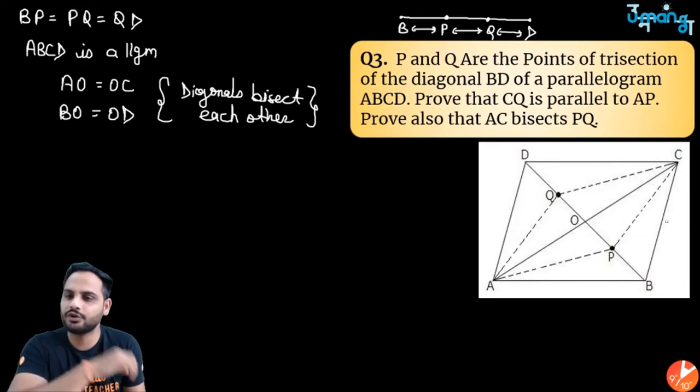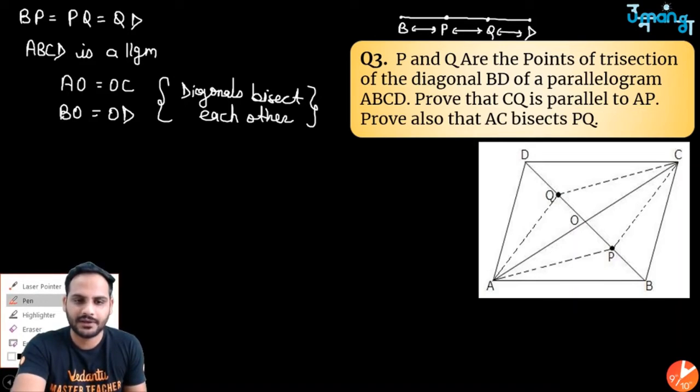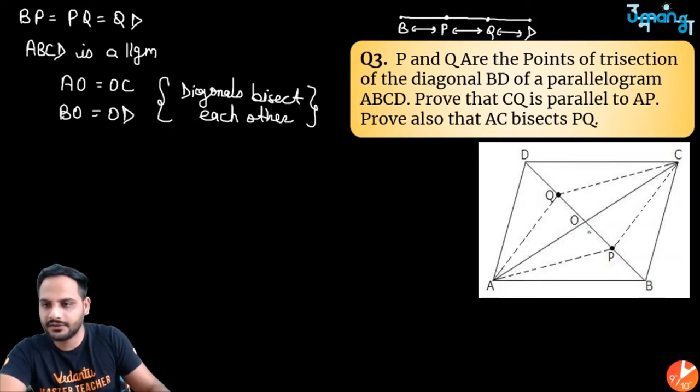So I saw two triangles. One is triangle AOP, and the other triangle is QOC. So these two triangles I will try to prove congruent.